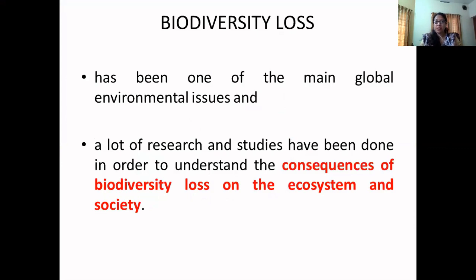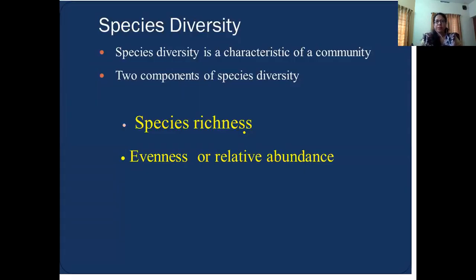That is when there is a decrease in the diversity of organisms present on the Earth. This biodiversity loss has been one of the main global environmental issues. Nowadays, a lot of research and studies have been done in order to understand the consequences of biodiversity loss on the ecosystem and the society.